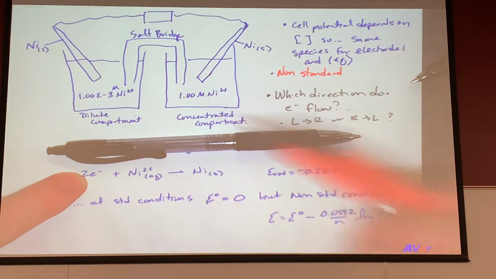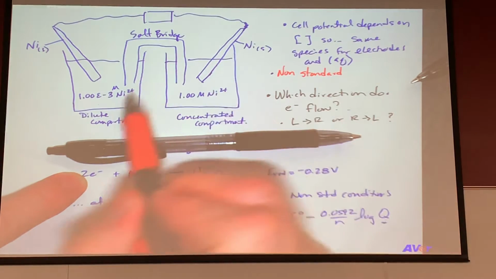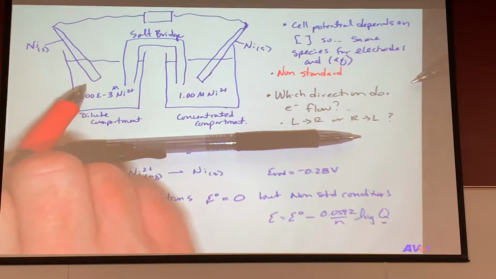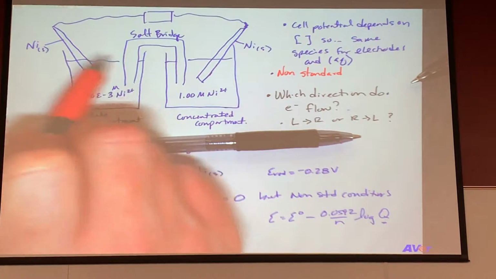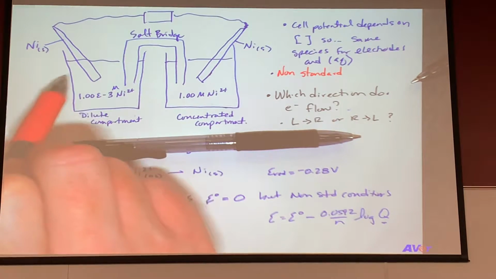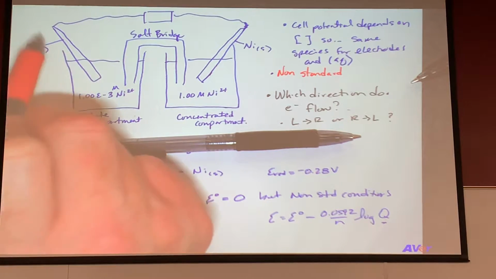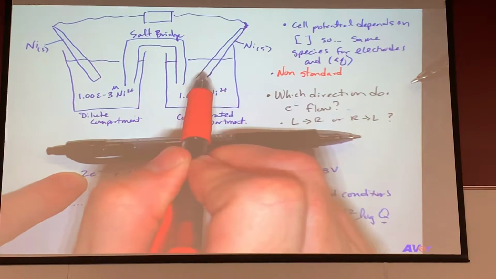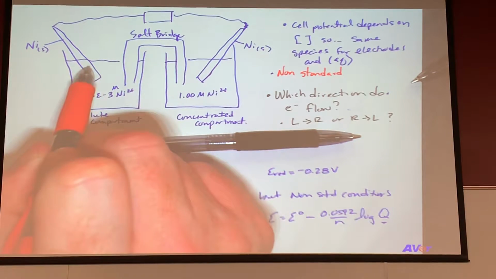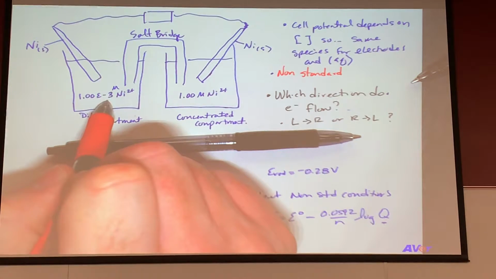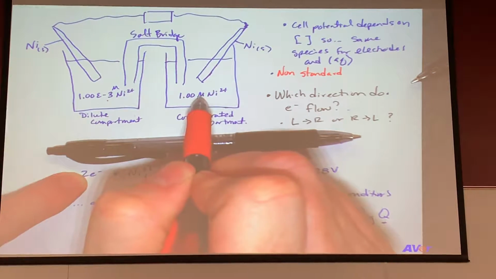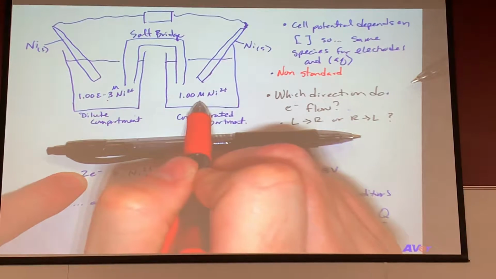So concentration cells work by taking electrons from the nickel electrode here, running across this way, building up the charge. Nickel metal dissolves and increases the concentration. Nickel metal plates out and decreases the concentration.